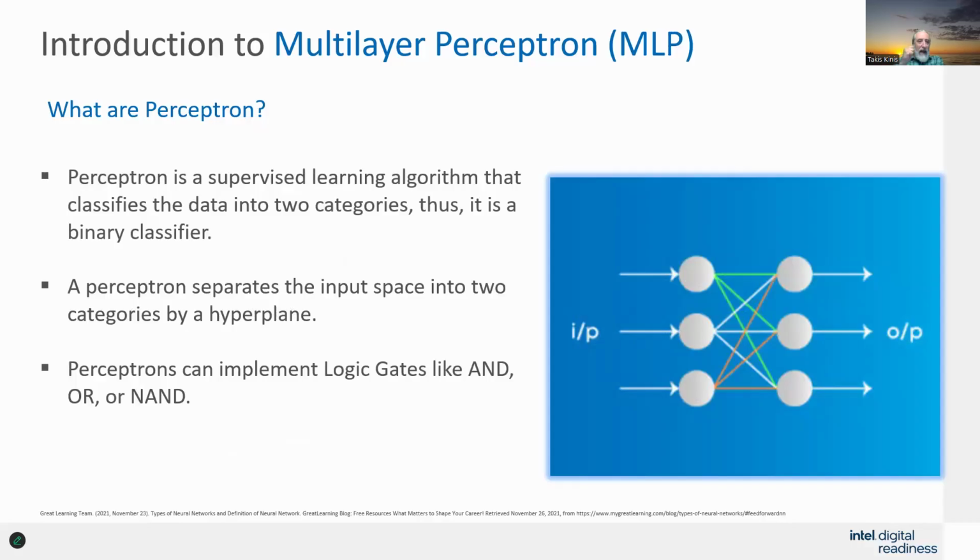Because it's a binary classifier, it separates the input space into two categories, right? Because it's binary, we can also apply what we call logic gates. This is like computer science weird stuff. Gates in computer science, where you're doing circuit-level design, are basically which pathway you're following.